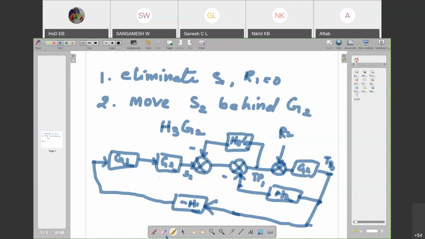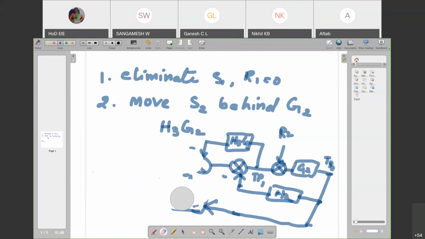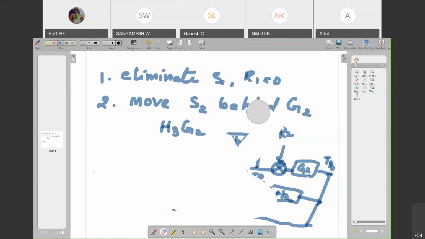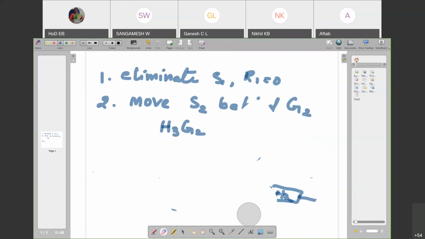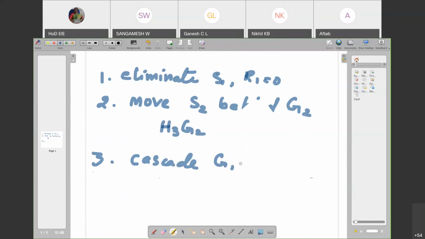So step 3 is cascade G1, G2 and minus H1. All the three are in cascade. So replace them with a single term. Fine.